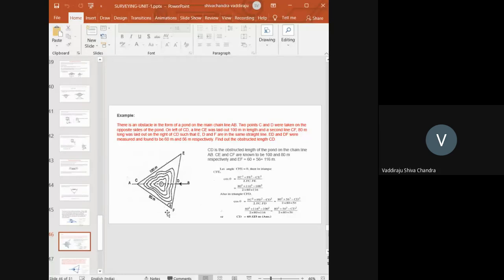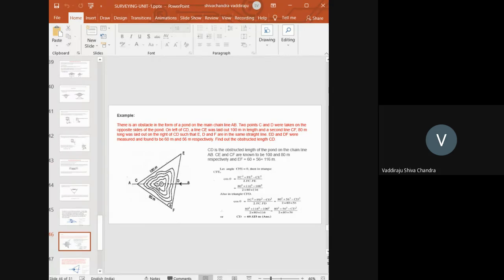As per the cosine rule, cos theta is equal to FC square plus FE square minus CE square, two adjacent sides minus the opposite side, divided by 2 times FC and CE. Here FC is 80 meters. FE is 60 plus 56, which is 116. CE is 100. So cos theta is equal to 80 square plus 116 square minus 100 square, divided by 2 times 80 multiplied by 116. So I am getting some cos theta value from this triangle.